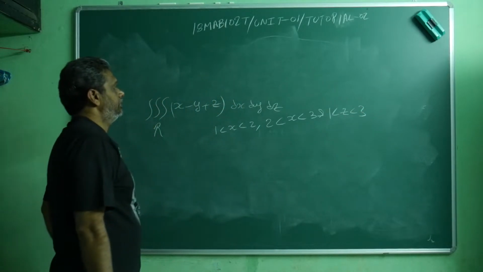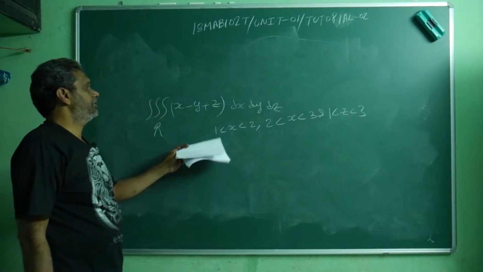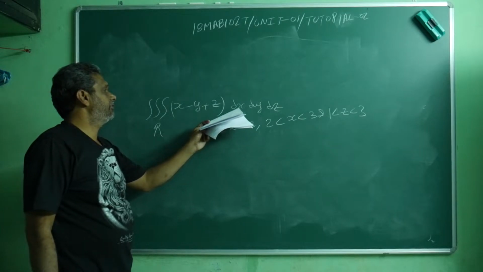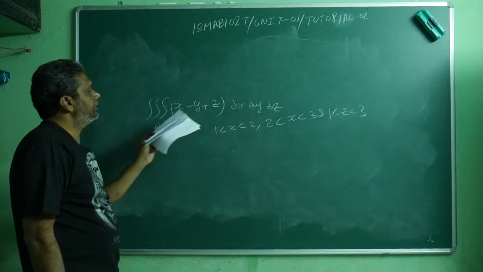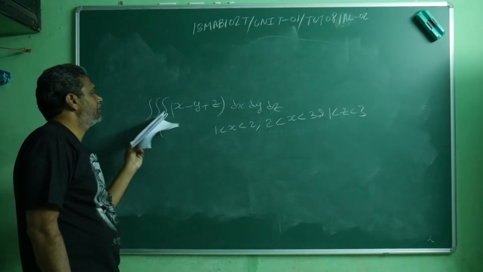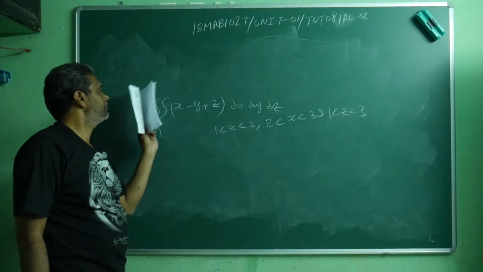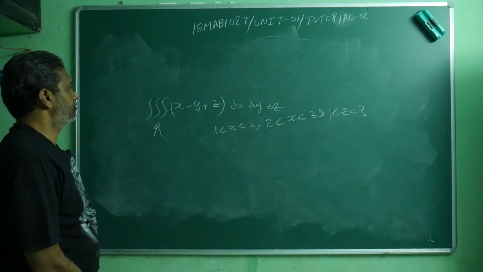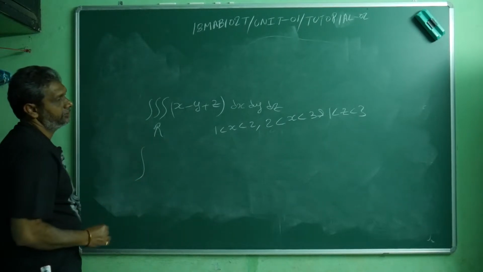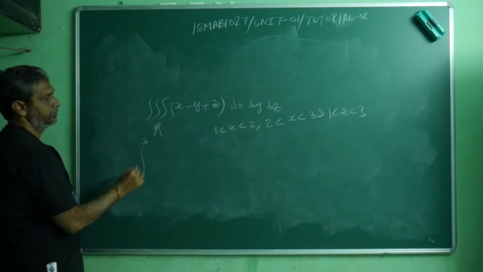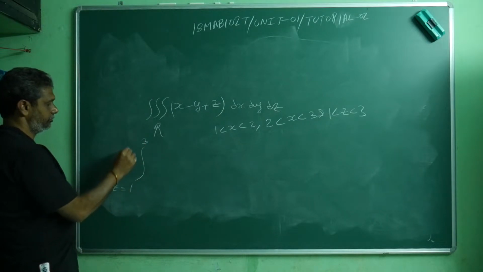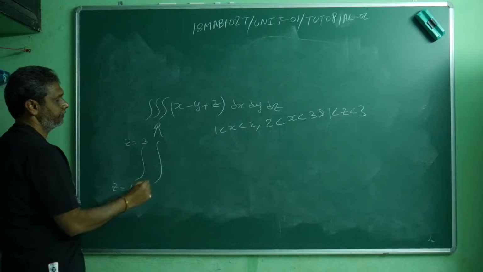Now we see the limits are also mentioned. This order is the same order you can follow. First with respect to x, so the x limits you write inside. Then next is y, second you write the y limits. Then z, next you write the z limits. So outside, the last limit is the z limit, z is equal to 1, z is equal to 3.